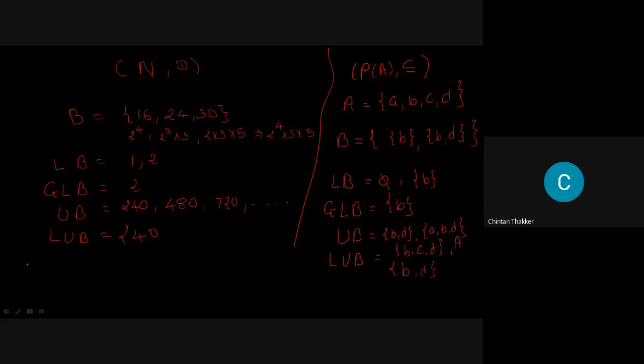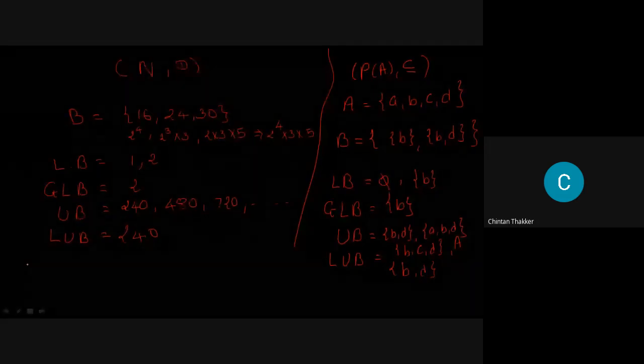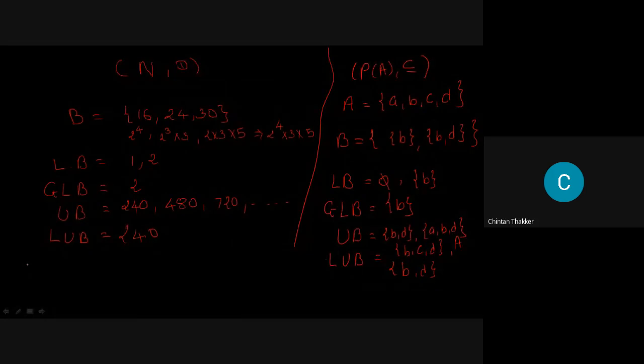From all the lower bounds, if all lower bounds are related to one lower bound, that lower bound is called the greatest lower bound.